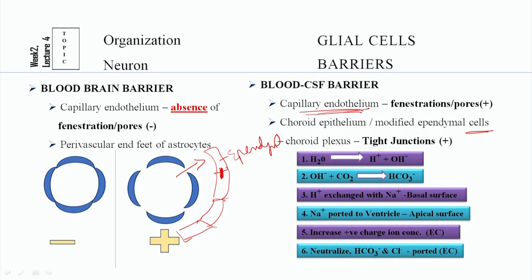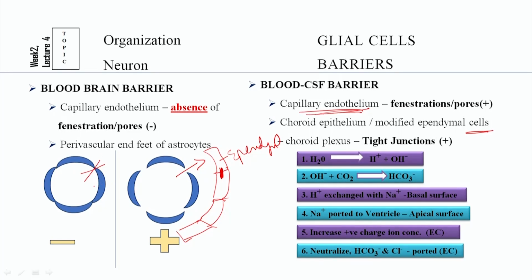These ependymal cells are selectively permeable to the nutrients, the required gases, and other substances necessary for the body for CSF production. That is how the CSF contains water molecules as well as other nutrients, because of the selective permeability.